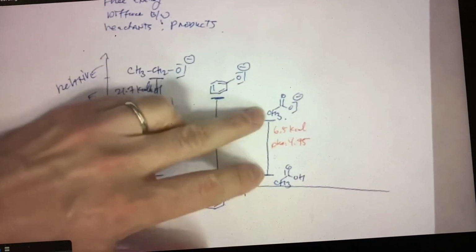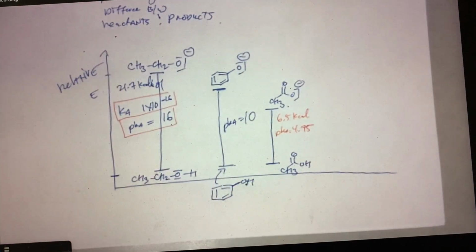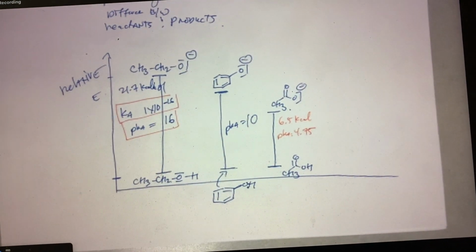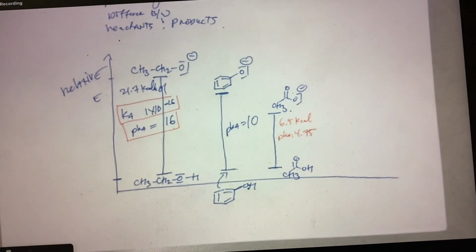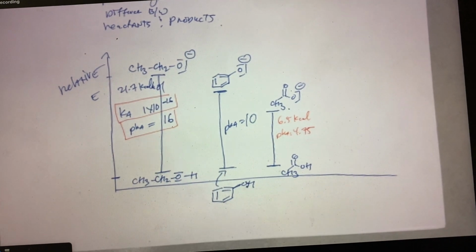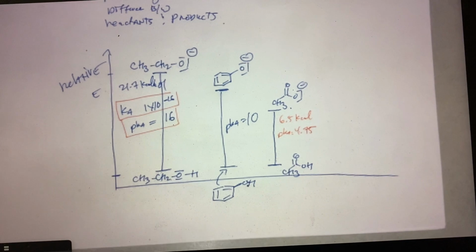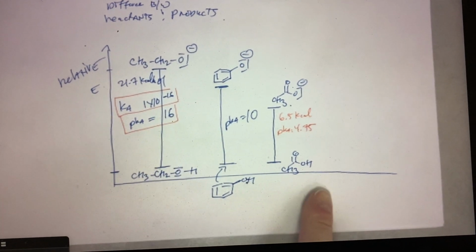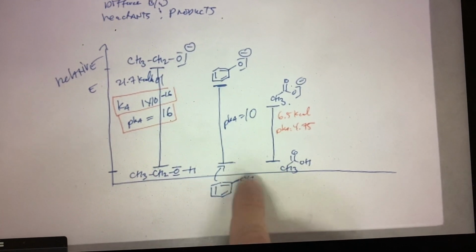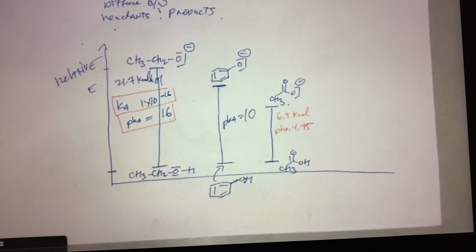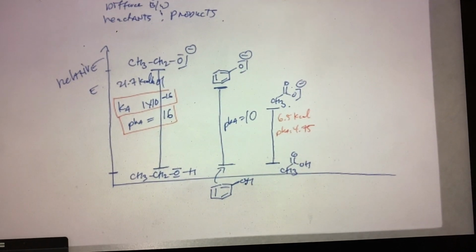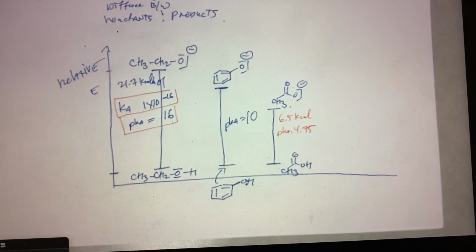So the energy gap between acetic acid and acetate is 6.5 kcals per mole. Doesn't mean too much to us, but it translates back into this low pKa. Compounds are becoming more acidic as we go this direction. It's much easier to pull off this proton than this one. And acetic acid or acetate has both induction and resonance. We'll see momentarily why that's the case.